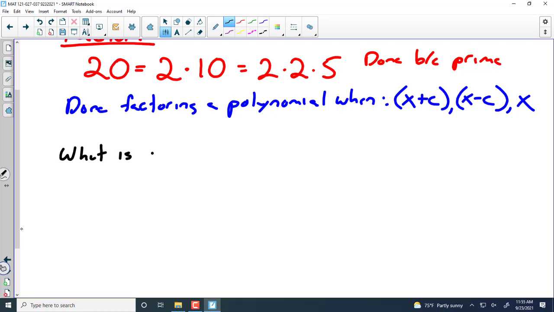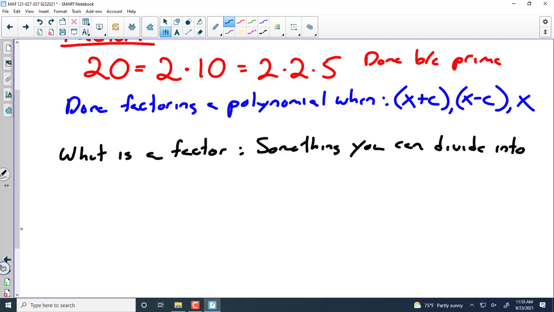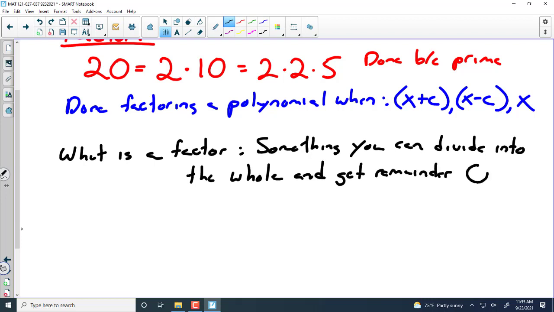What is a factor? It's something you can divide into the whole and get remainder 0. That's what a factor is, everyone. A factor is something you can divide into the whole and get a remainder of 0.